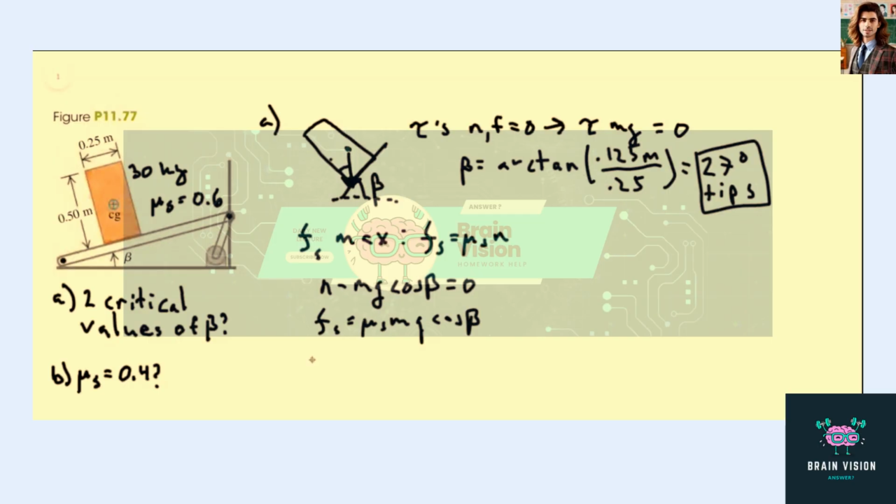And this is using, I'm sorry, this is using coordinates that are inclined with the hay bale. So that's why the normal force is only in the y direction and the friction force is only in the x direction.